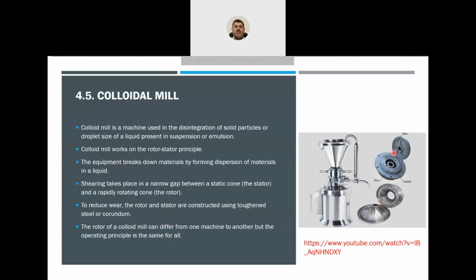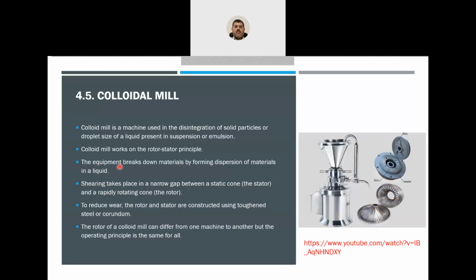You have two parts. One of them is the stator. The stator part doesn't move and the rotor part is the one that rotates. Okay, so there will be two parts, stator and rotor, with different designs available. One will be stable and one will be moving, rotating. So they will grind the material between them.